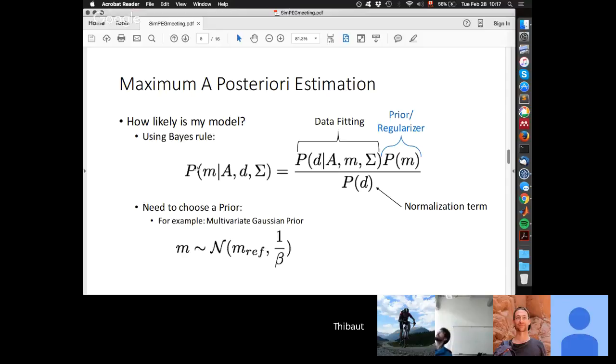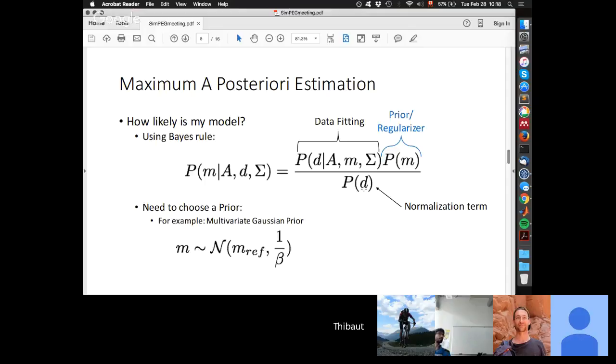So to estimate that, we're going to use Bayes' rule in probability. The probability of my model knowing all my parameters is the probability of my data, again knowing all the other parameters, so that's my data fitting term, multiplied by the probability of M. And I have a normalizing term here that we don't need to care about. It's the probability of the data over the whole space of all possible other things.